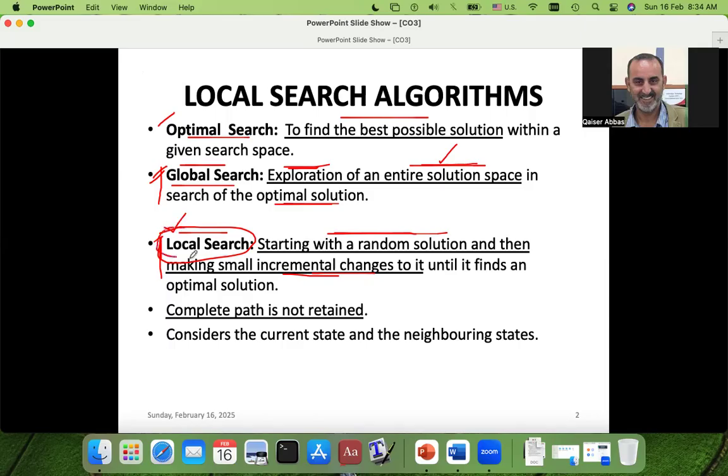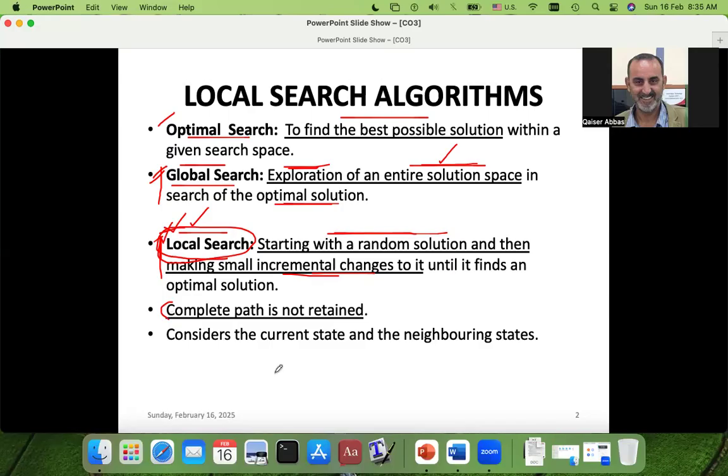So now we are going to see the local search. And there is a property of the local search. What is that? In local search, if we start from the initial state and reach the solution, then from the initial state up to the solution, we will have some kind of a path. But in local searches, we are not going to store the complete path from the initial state to the solution state. We will not consider it.